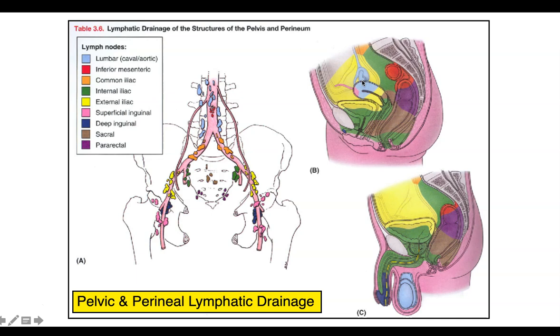This lymphatic drainage is important because in ovarian cancer or testicular cancer, the metastasis goes into the lumbar group of lymph nodes. But scrotal cancer goes to the superficial inguinal lymph nodes, and the prostate and the penis drain into the internal iliac group of lymph nodes.